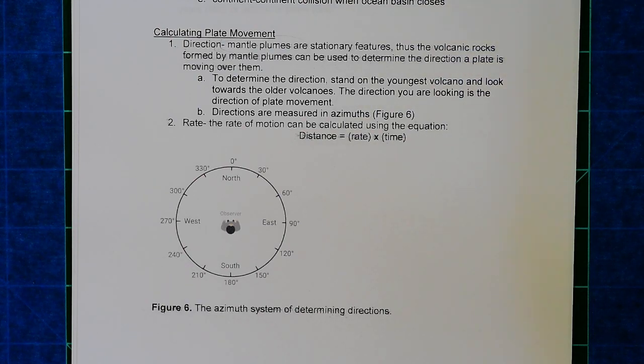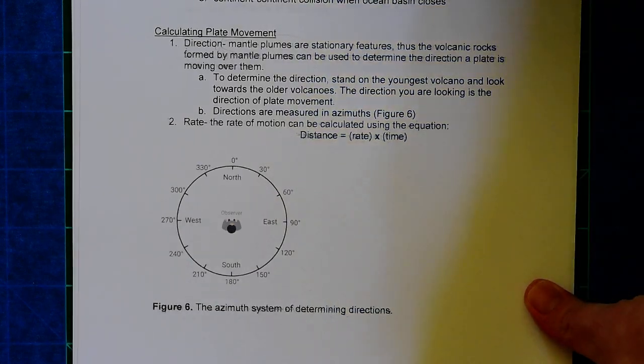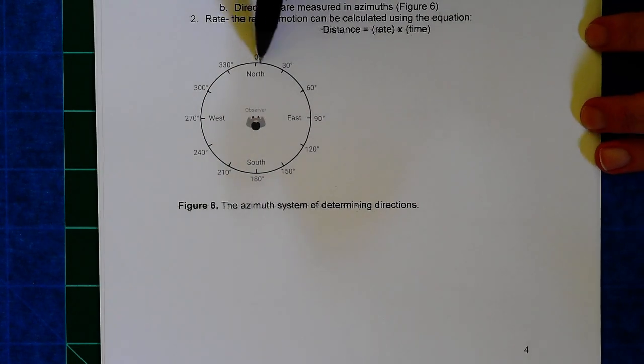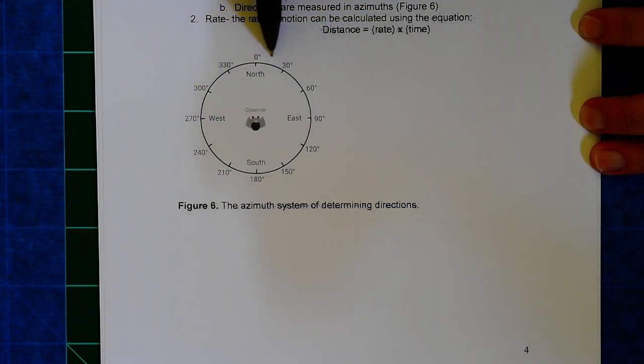And when you determine directions in geology, you don't just use north, south, east, west, you actually use something called an azimuth. And an azimuth is where we take basically north, south, east, west, but we divide that into degrees, basically 360 degrees.